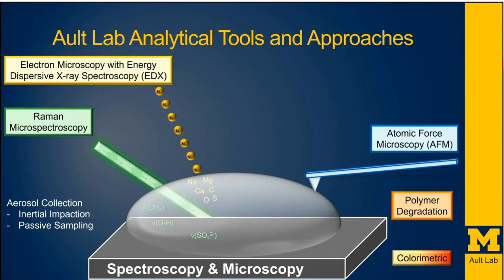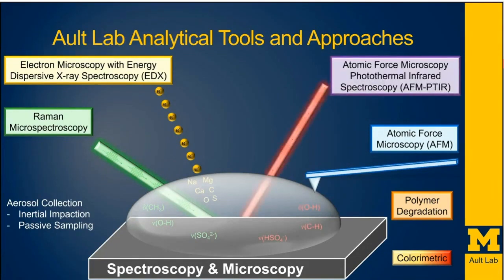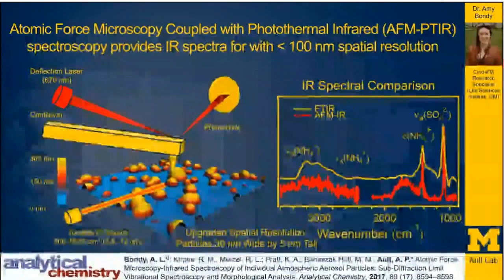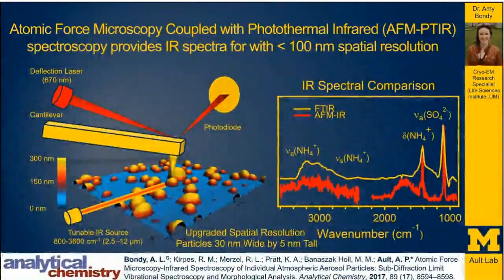But the things that we've really gotten into and are excited about are photothermal infrared spectroscopy, both coupled with atomic force microscopy, and more recently with optical photothermal infrared spectroscopy, which has really become a workhorse in our lab in recent years. When we started with atomic force microscopy coupled with photothermal infrared, we published the first paper applying this to atmospheric particles with Amy Bondy, my first grad student here.